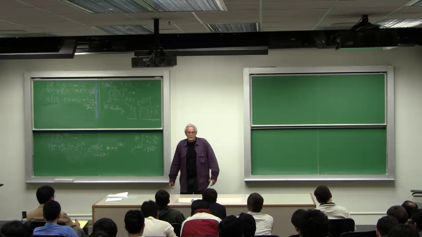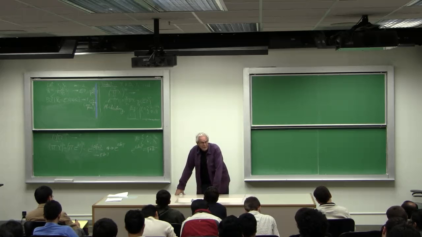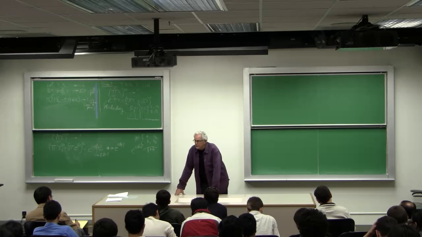And there's an inequality relating the geometric mean to the arithmetic mean. Geometric mean is less than the arithmetic mean.